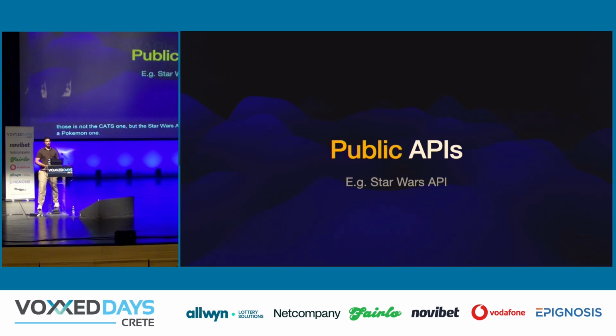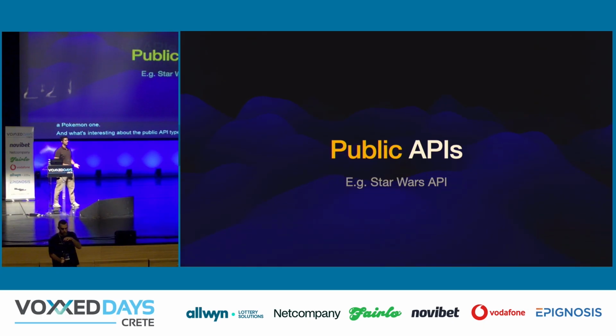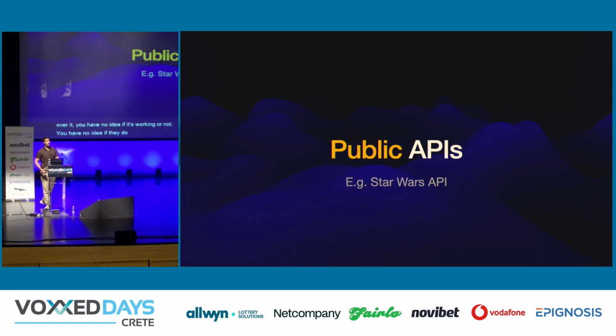And what's interesting about the public API type? It's a black box. You have no control over it. You have no idea if it's working or not. You have no idea if they do any level of versioning. You have no idea about the performance, about the rate limiting, and maybe if it's well documented, maybe it's not. Maybe somebody just wants to cut the server cost down and shut it down one day.